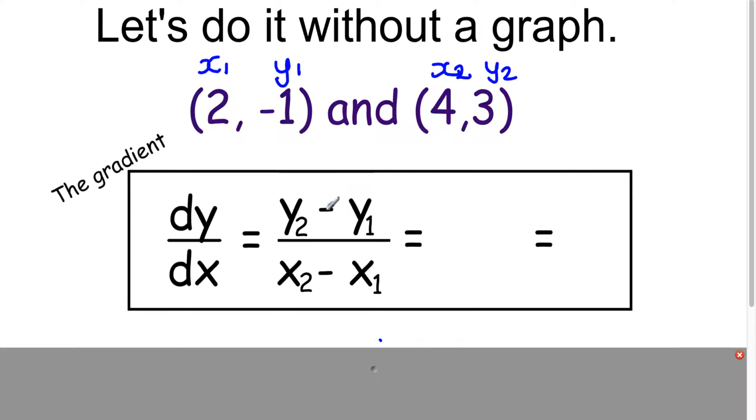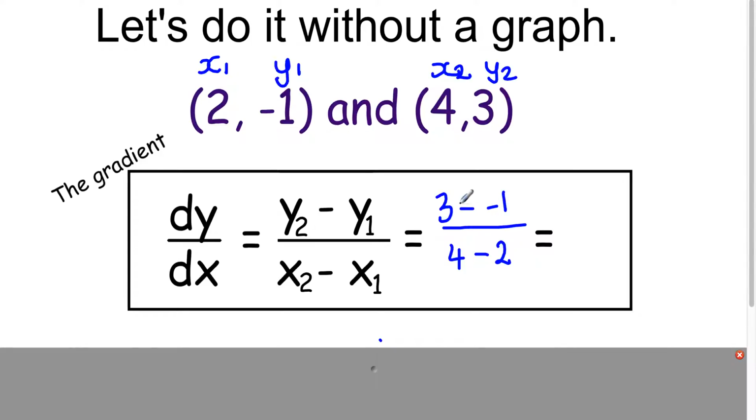So according to our formula, we take the difference of our y coordinates, which is y2, which is 3, and then we subtract our y1. Now our y1 is -1, and that's going to be over the difference between the x coordinates. So x2 is 4 and x1 is 2.